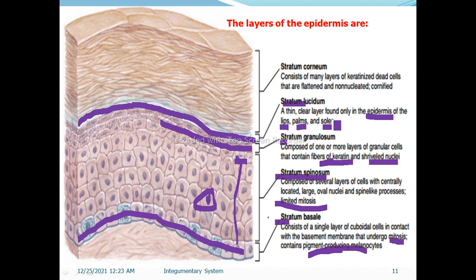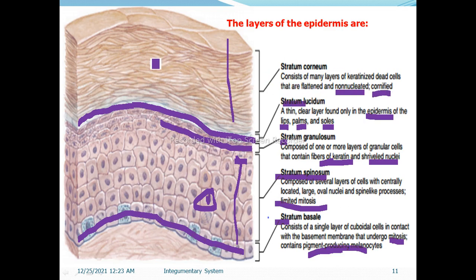The other layer is stratum corneum, the superficial layer. It consists of many layers of keratinized dead cells. These are dead cells because there is no nucleus here, and they are also more keratinized, flattened, non-nucleated and cornified.